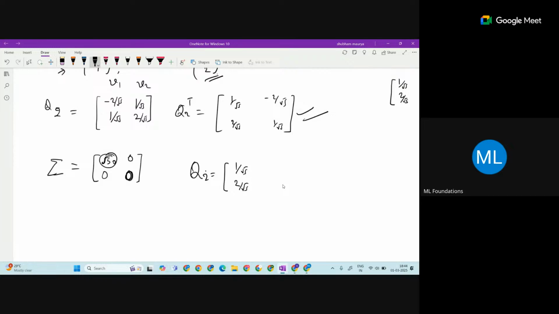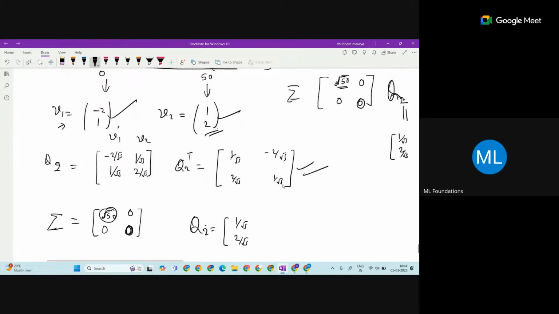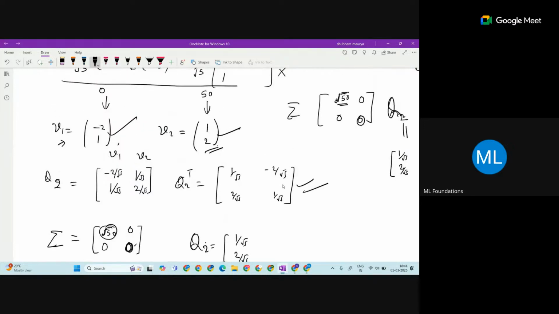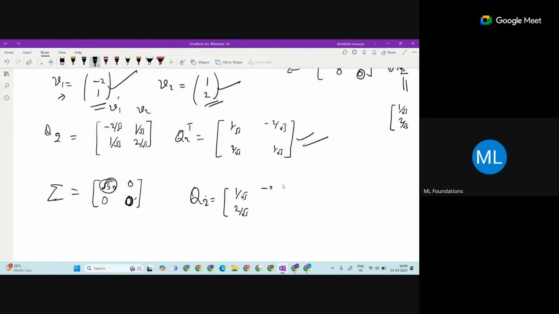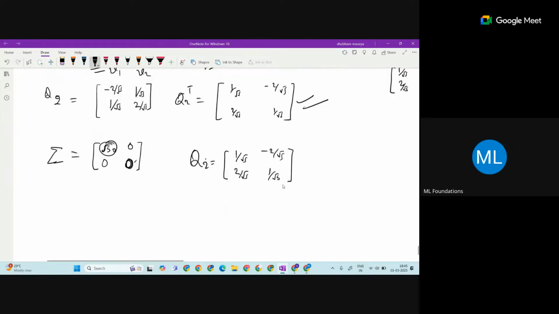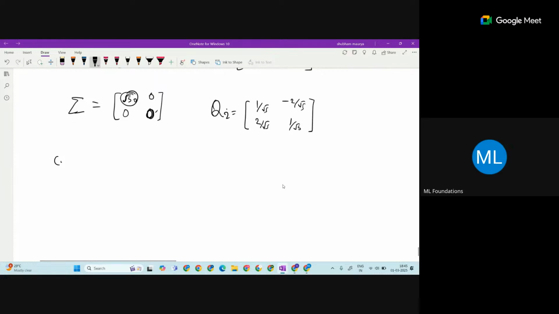The second eigenvector for 0 is minus 2 and 1, and the normalized form is this one. This is our Q2, and this is how we'll form it. Q2 is basically built so that the greatest eigenvalue's eigenvector is written first, and the lowest one second.